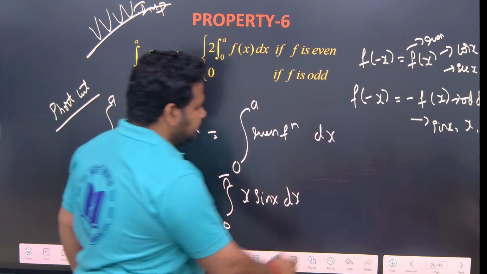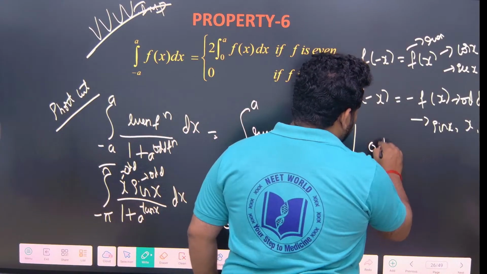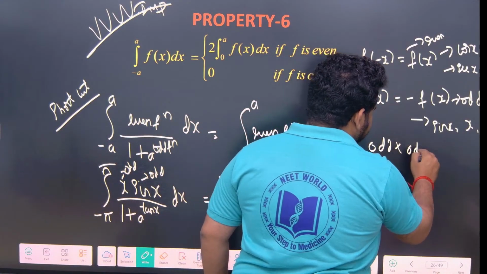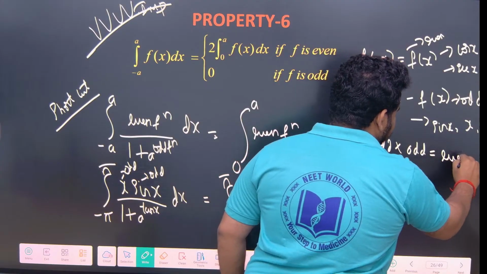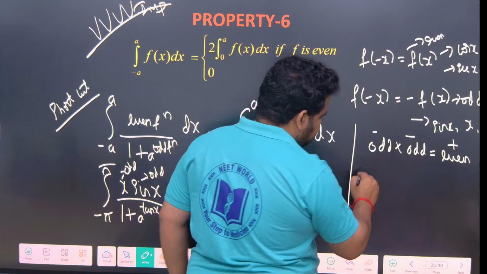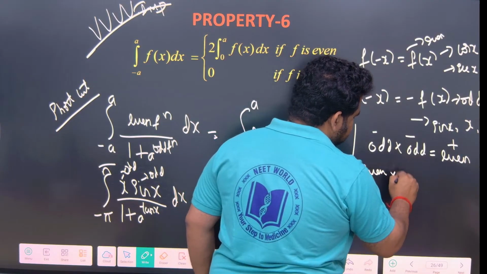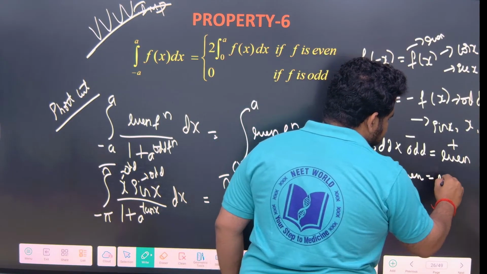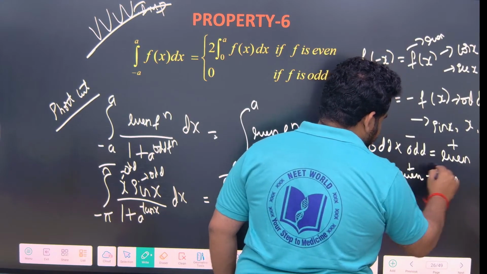So please make a note here. Odd into odd will give us even. You can remember like this: odd can be written as minus, and minus into minus will give us plus. Even into even will give us even, plus into plus is plus only.